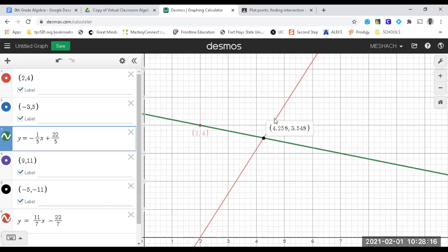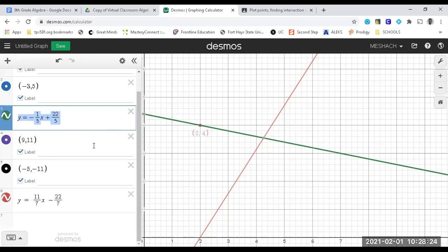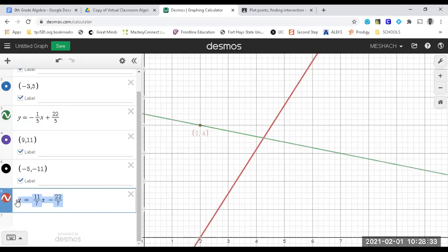If I put this x value and this y value into my first equation, it would satisfy it, meaning it would make the equation true. If I put those same values into the other equation, it would also make the equation true. This is how we can take two equations and solve them graphically.